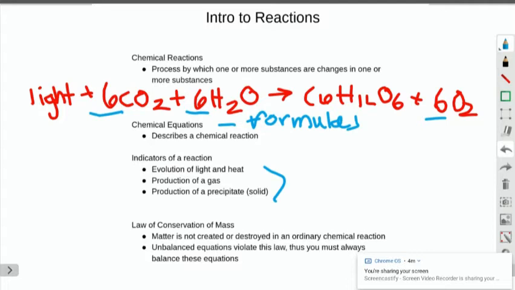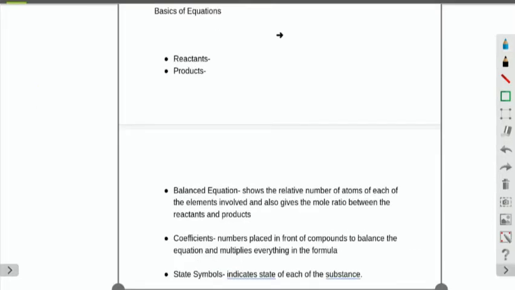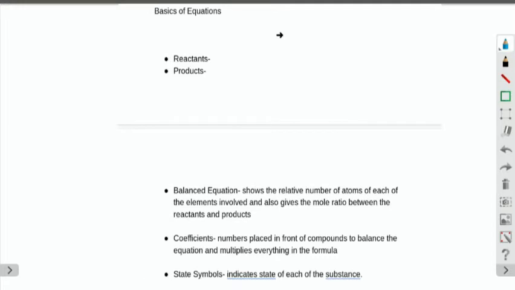And I'll show you what I mean by that. There are a couple things that you need to know for the basics of equations. Each equation will be made up of reactants and products. Reactants will be on the left side of the equation, and then there will be an arrow, and products will be on the right side.